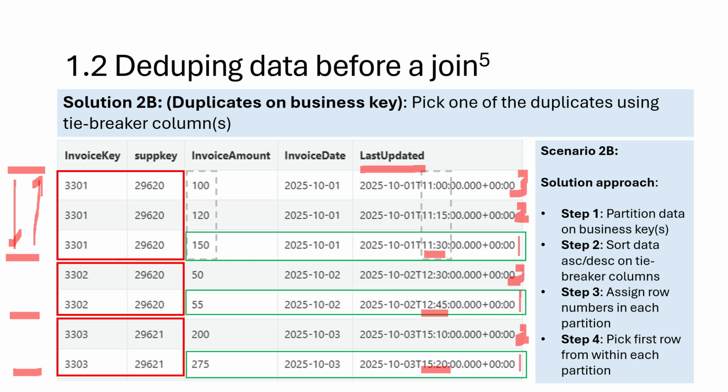This one, and this one. Obviously, these rows with row number 1 are the latest rows for each of those business keys. The end result is the output contains 3 rows that were the latest records from each of the 3 business keys.